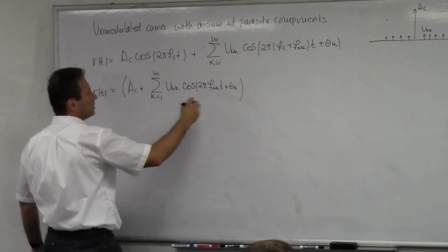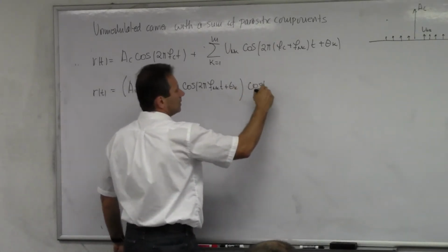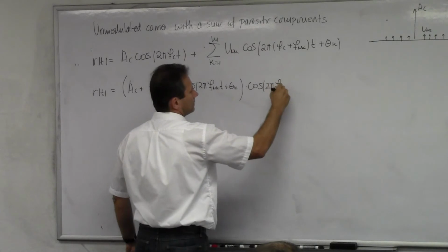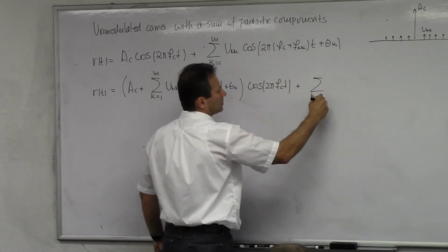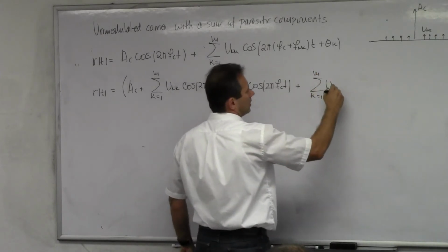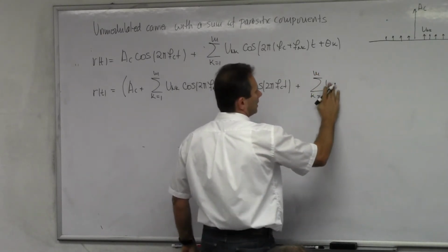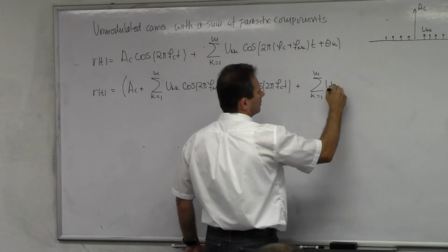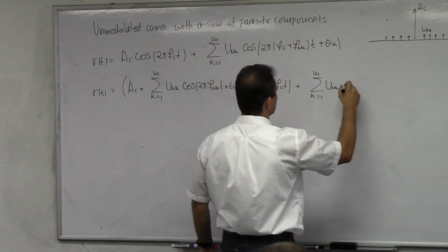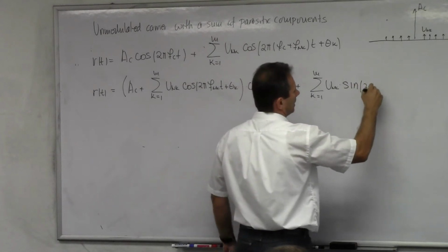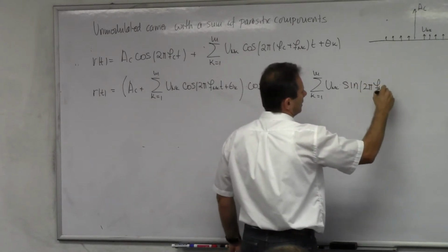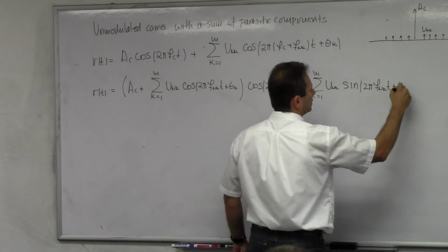That's the first term, times the cosine 2 pi fc t, plus the sum, where k goes from 1 through m, of UNk times sine(2 pi fnk t plus theta k).